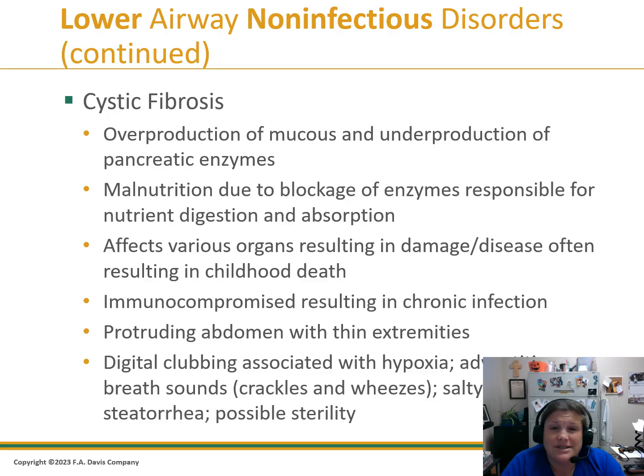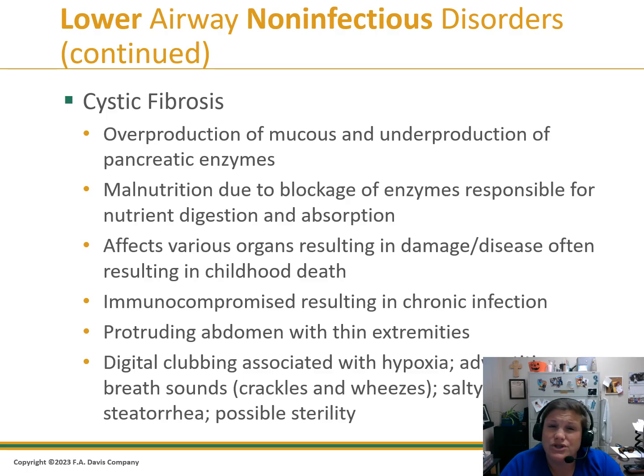Children with cystic fibrosis have a higher drug clearance, which means that they excrete the medication easier and faster, which also means that a lot of times their medication doses have to be higher than average to be effective.